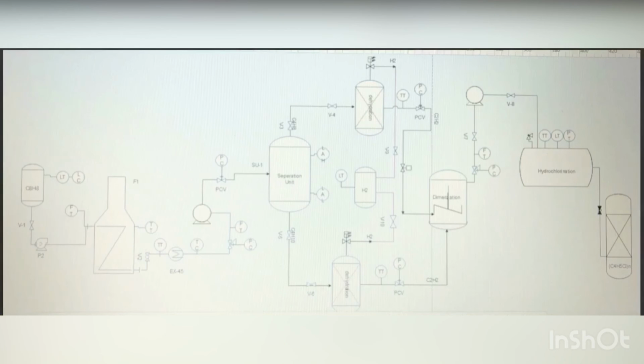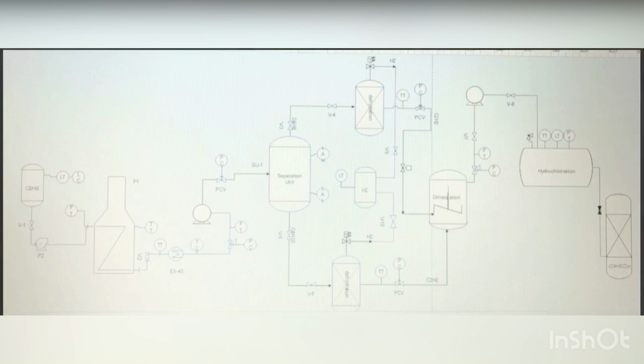If we talk about the hydrogenation, the temperature, pressure transmitter and level transmitter are set there, and also watch the angle valve. In each process they use a valve to stop the flow if it passes too strongly.